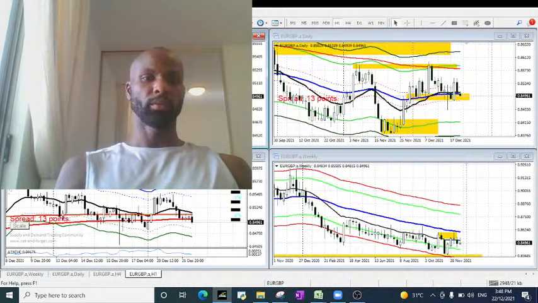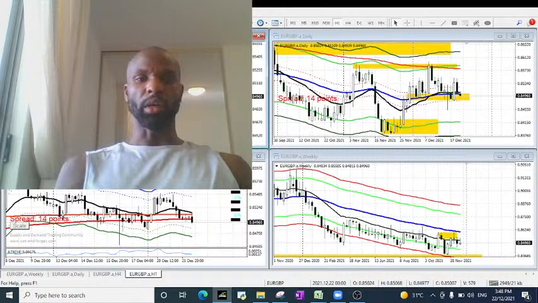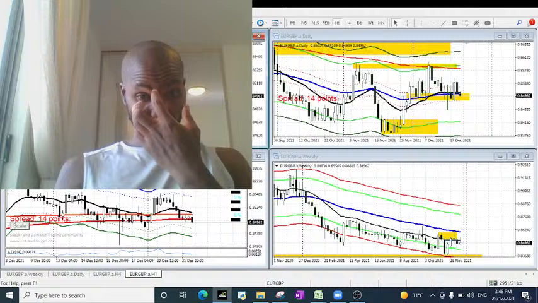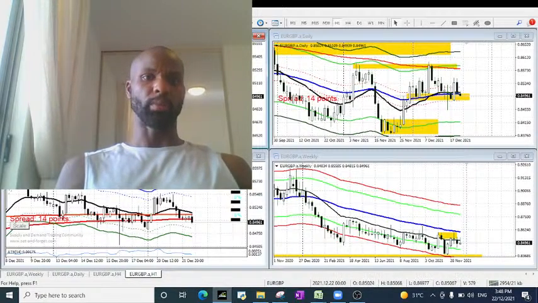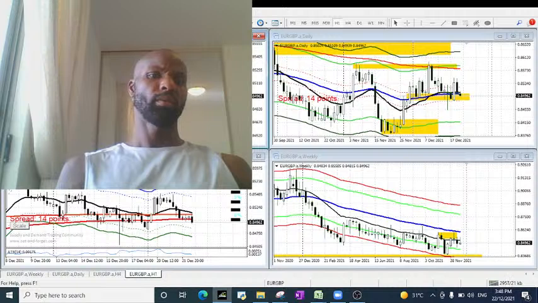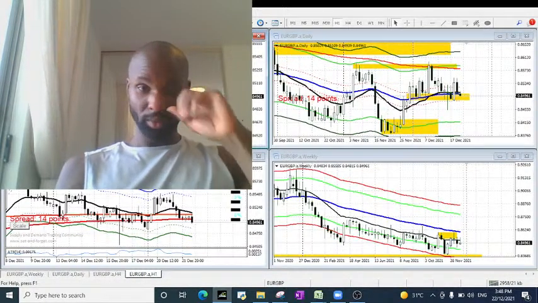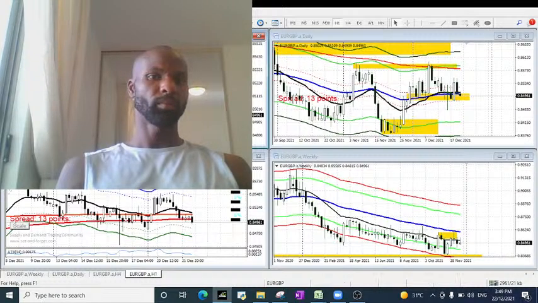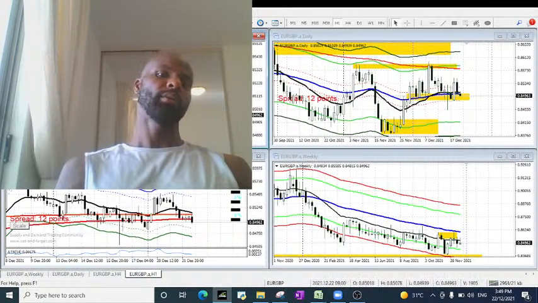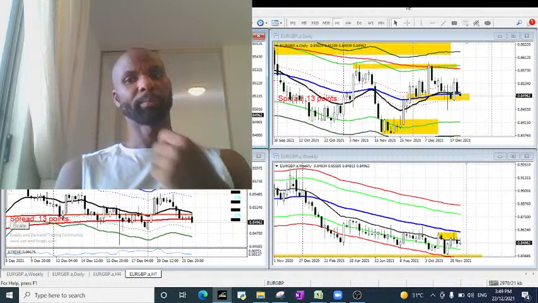Euro pound. The volatility in this pair has gone down a lot the last couple of days. When I say volatility, I mean the range on each candle has gone down a lot.